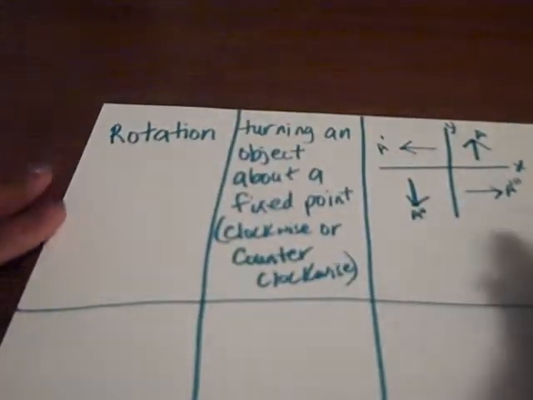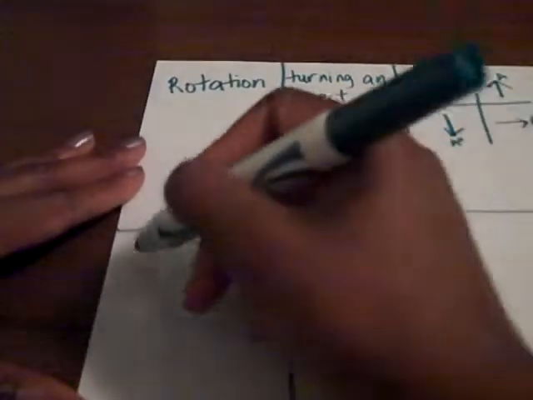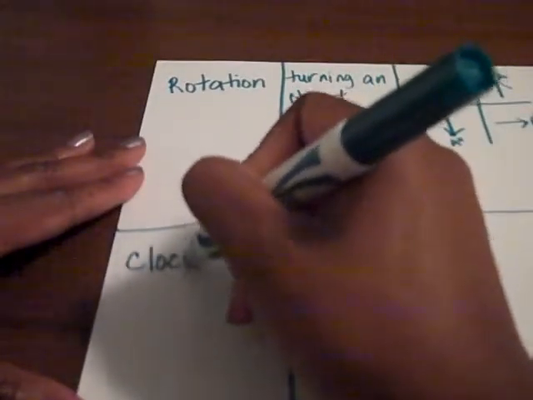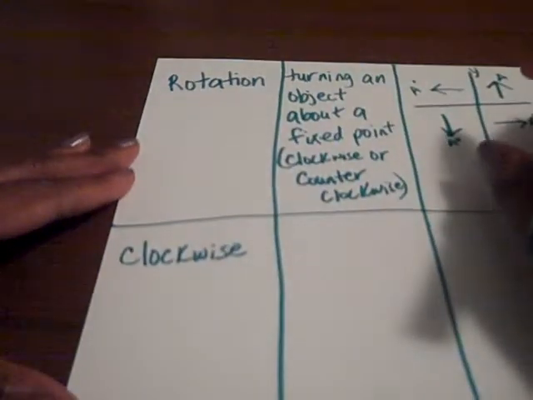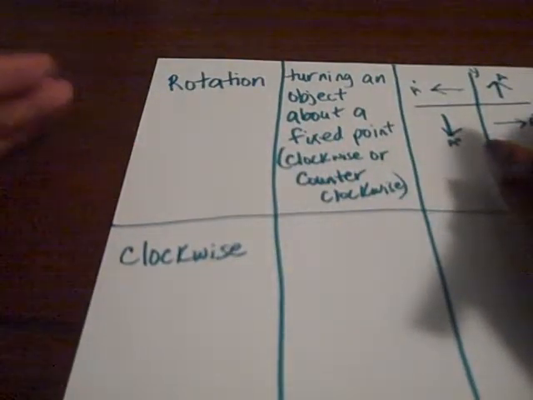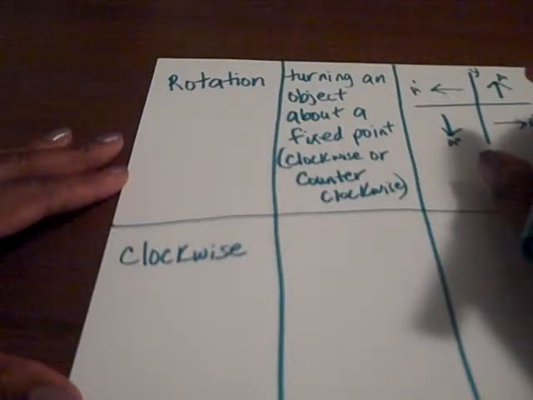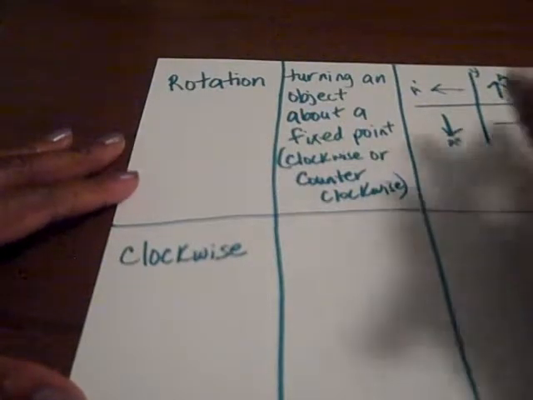My next term is going to be clockwise. And as the term suggests, we are talking about a clock. We are going to rotate or turn in the same direction as the hands on a clock would turn.